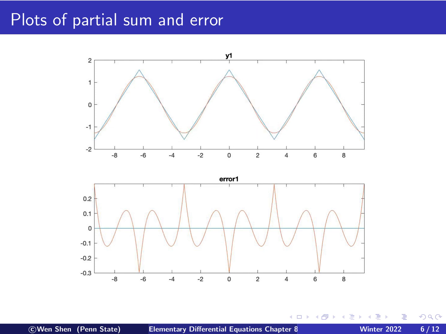Okay, and then we're interested in the error, so let's plot the error. Here is just r minus y1 at every point, and it's a graph like that. So the range for y1 is from -2 to 2 in the plot, and for the error is from -0.3 to 0.3.